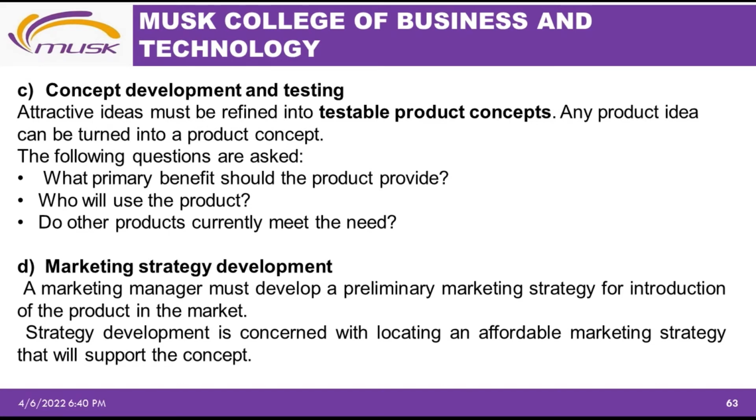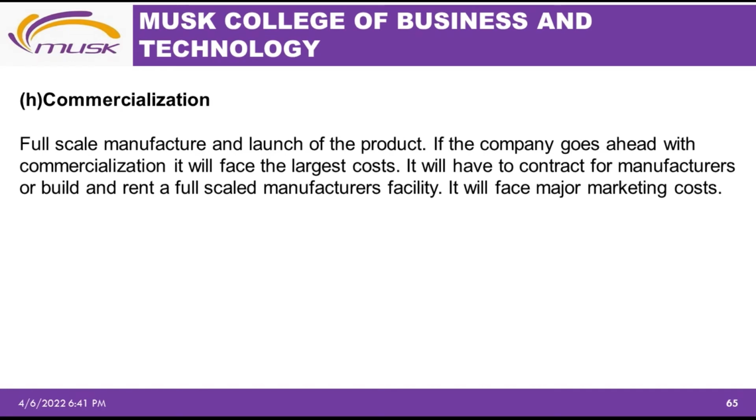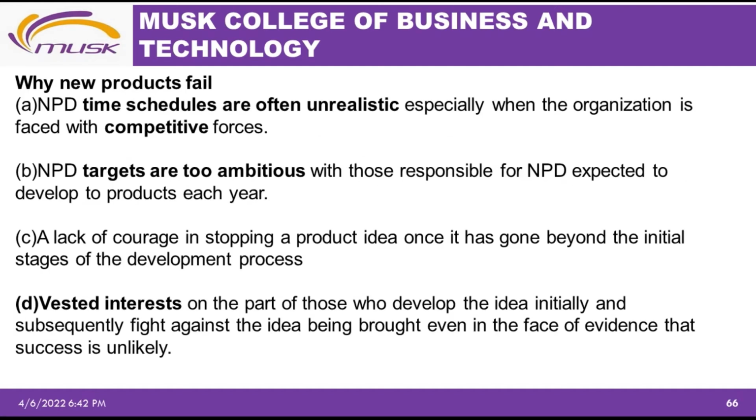Then the other one is marketing strategy development. So we develop a strategy for marketing, then we develop the product. The other one is market testing. And lastly, we do what we call commercialization. Commercialization is simply, having gone through the process, we put the product into the market. Now we release it to the market to start selling.